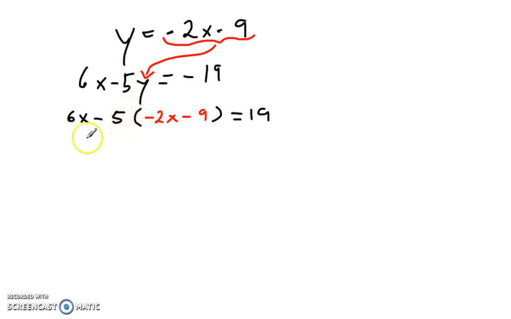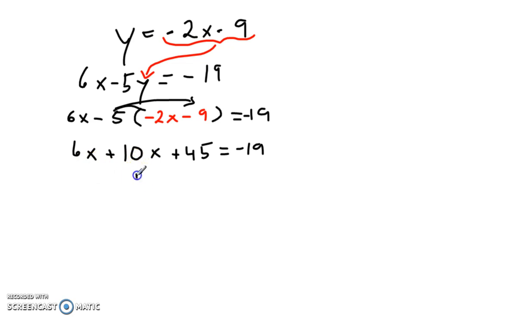Okay, so now distributive property, I get 6x, negative times a negative is positive 10x, negative times a negative is positive 45. This is a negative 19. 45 is equal to negative 19. Now we're going to combine these, 16x, and we're going to subtract the 45 from each side. So 16x is equal to negative 64. Divide each side by 16.